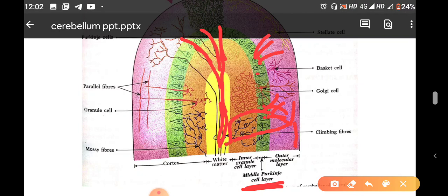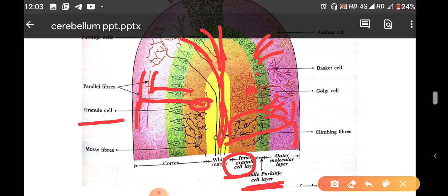After the Purkinje layer, we will see the granular layer. The granular layer consists of granule cells and Golgi cells. You can see the granule cells and the Golgi cells here. The granule cells move from the granular layer to the outer molecular layer and give rise to the parallel fibers.